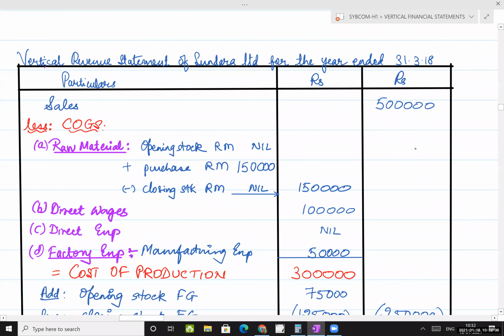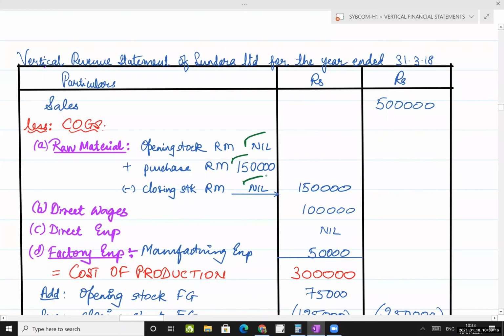We'll start with sales. How much? 5 lakhs. Then comes your COGS. Correct? What comes in COGS, I told you in the theory: direct material, direct labor, direct expenses, and factory overheads. This comprises my COGS. Okay, so start with raw material. Opening stock of raw material nil. Purchase of raw material 1,50,000.